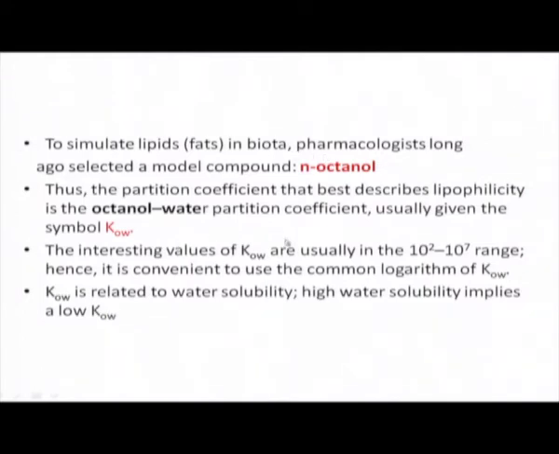The interesting thing is that the KOW of most environmentally relevant compounds, including pesticides, ranges from 10 power 2 to 10 power 7, a very high value. It is convenient to use the common logarithm of the KOW value, because the values are very high and difficult to understand. If you take the logarithmic value, it becomes very easy.